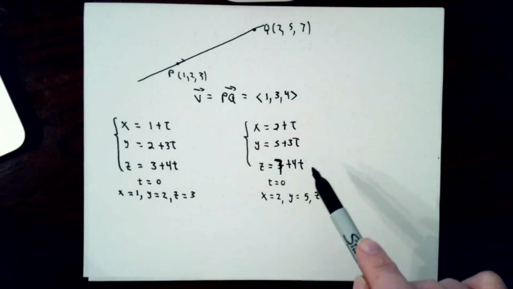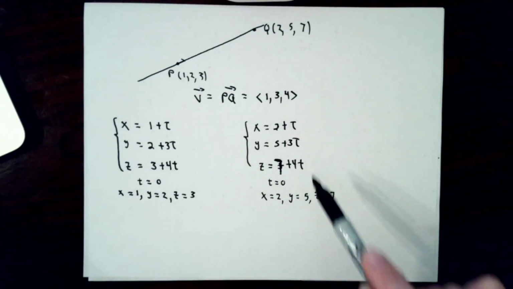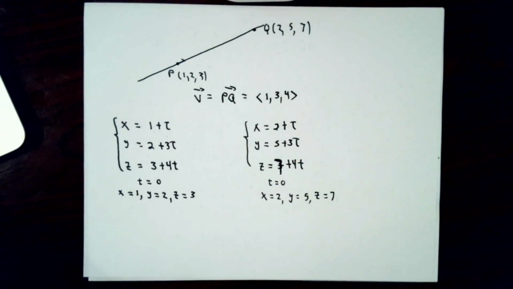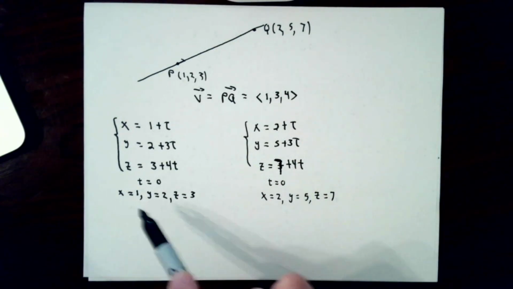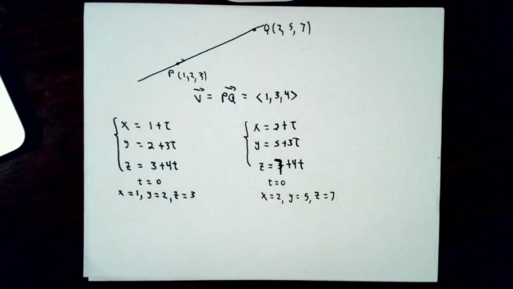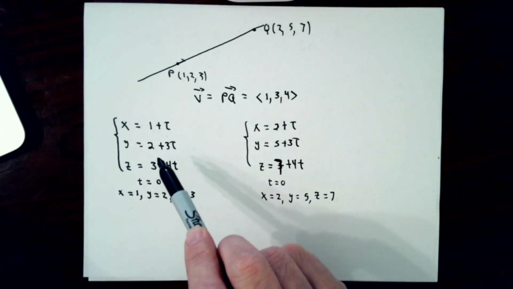This is going to give me x, y's, and z's that are on the second straight line if I think that these are maybe not the same. So t being 0 here gives me different results from t being 0 there, even though these are supposed to be the same straight line. So what I'm going to do is try to figure out if this point, x equal 2, y equal 5, z equals 7, is on that straight line.